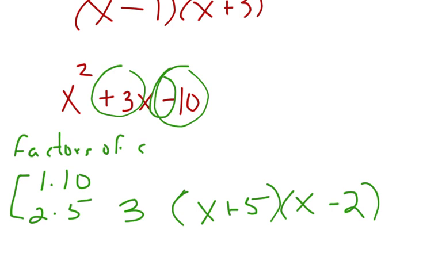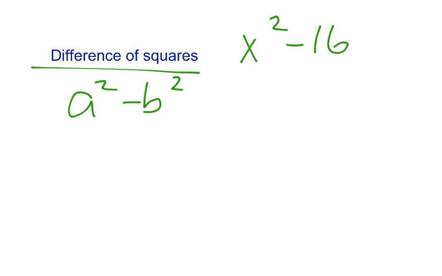Now there's also special cases. So this week we not only will do these, but we'll also do special cases. And it's called the difference of squares. That's when you have a squared minus b squared. That means that the middle term is 0. So if I have x squared minus 16, I need two numbers that multiply to be a negative 16. So 1 times 16, 2 times 8, 4 times 4.